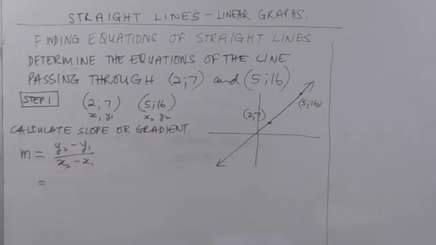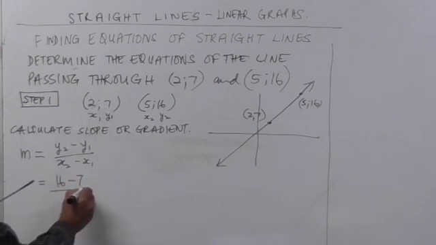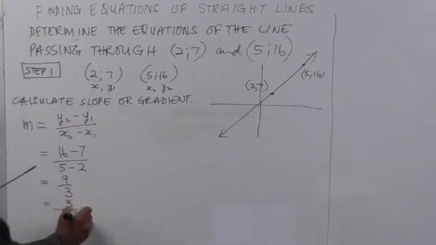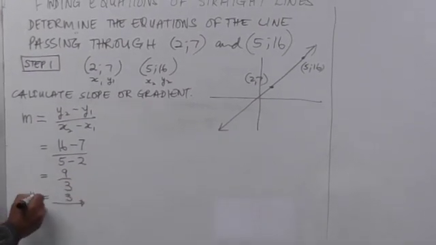Now it's simple substitution. y2 is 16 minus y1 is 7, over x2 is 5 and x1 is 2. And that gives you 9 over 3, and you have the final answer 3. So m is 3. So we have finished step 1. Now we will do step 2.